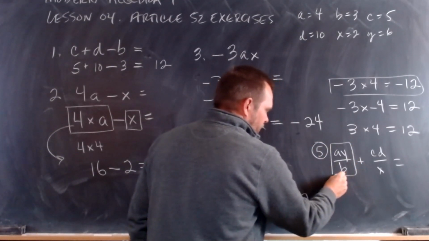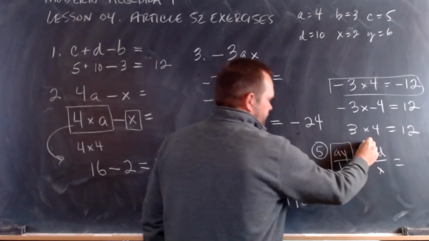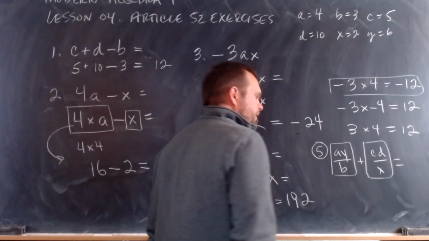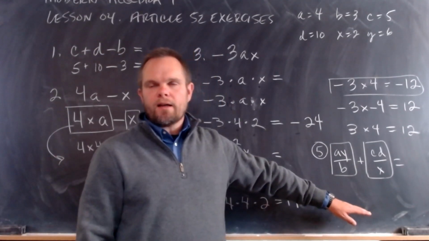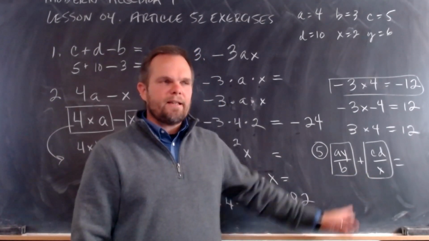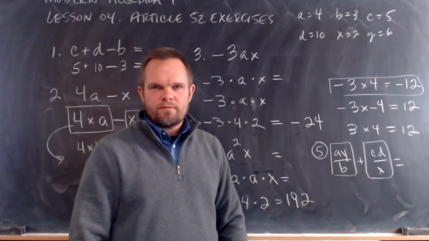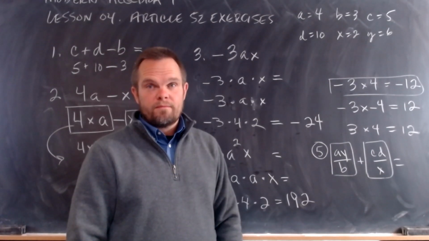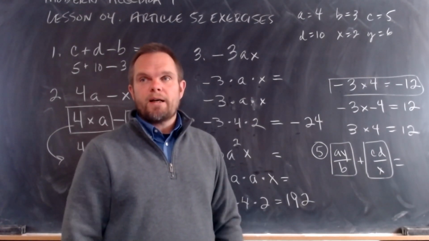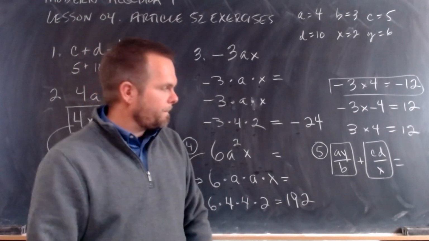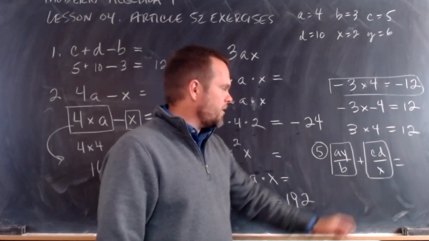This is one term. And this is another term. How do I know that there are two terms? Because they're separated by a plus or a minus sign, right? So we have two terms.